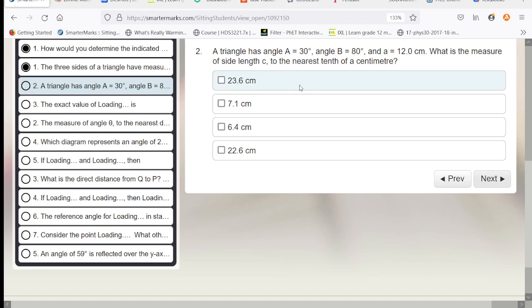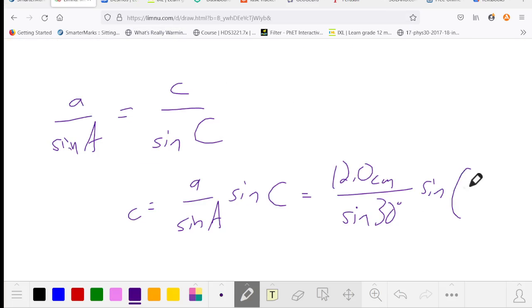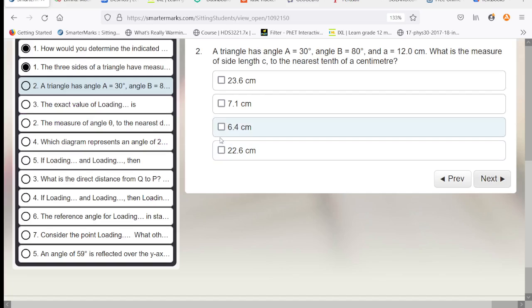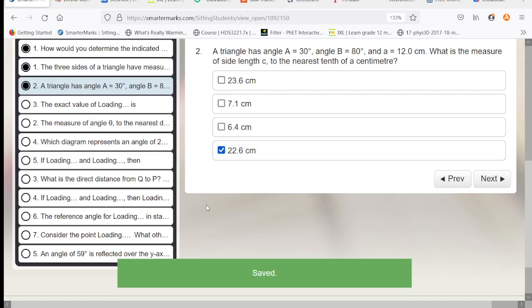Now sine C we said was 70 degrees because they add up to 180. And when we work that one out, it rounds to our 22.6.